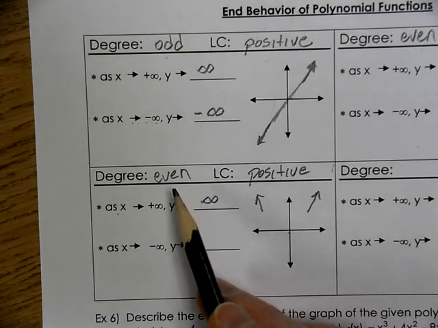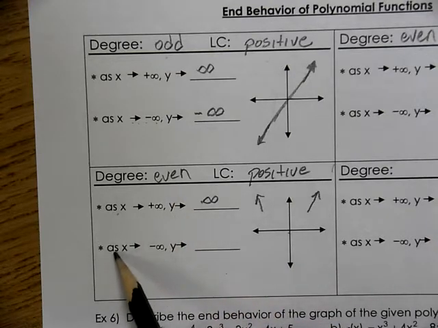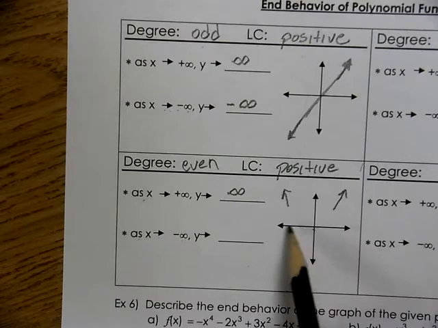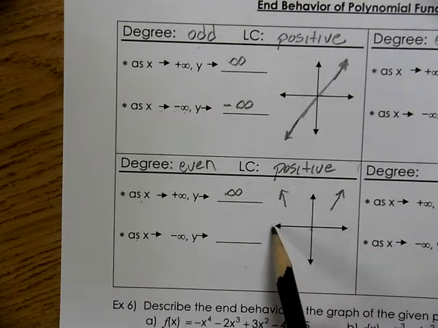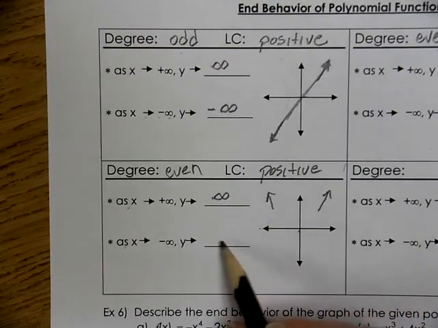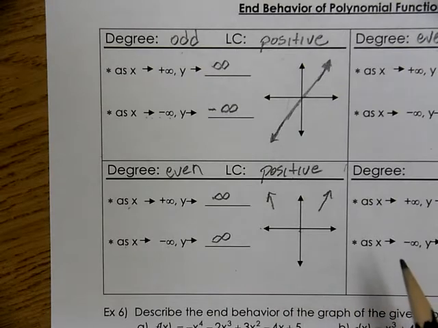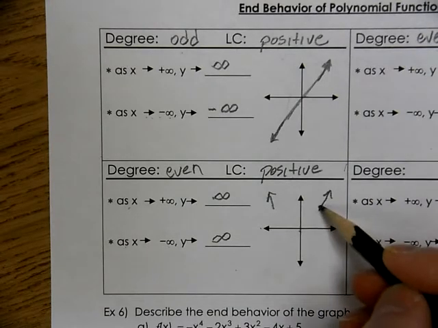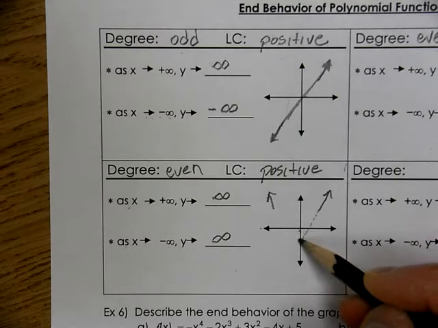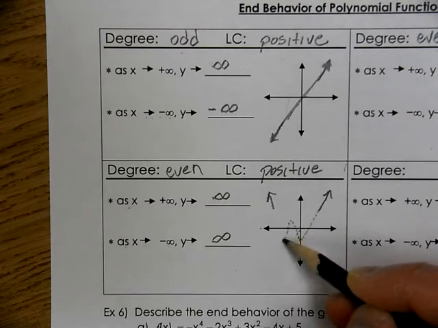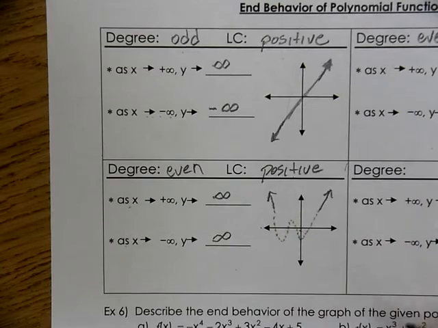And if it's an even, like x to the second power, x to the fourth power, x to the sixth power, when x moves to the left, it's going to multiply an even amount of times. You're also going to go in a positive direction. So if you want to say that this is a parabola, or if it's to the fourth power, it might make a W type shape.